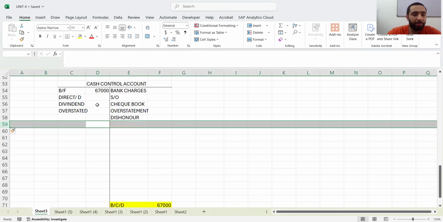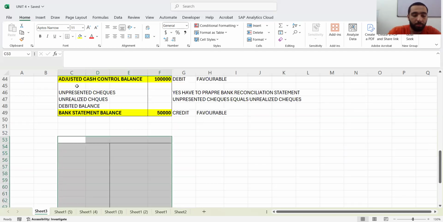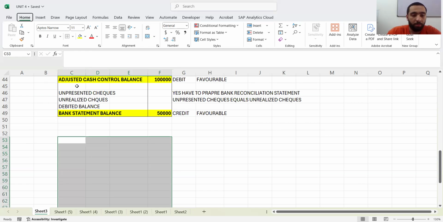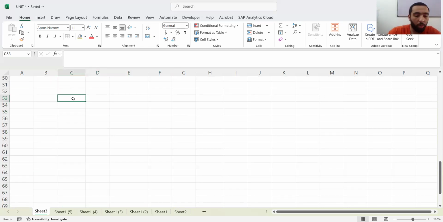Very simple, huh? Without using this T account format, we can go with any other format as well. So what I'm going to do here is directly start with the opening balance.